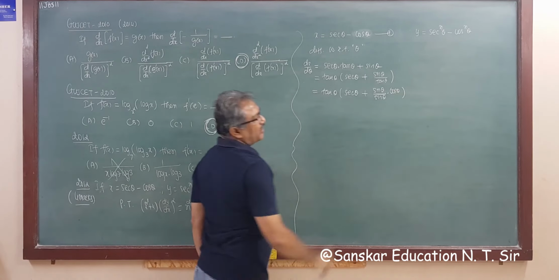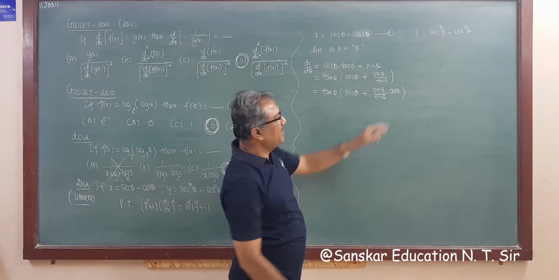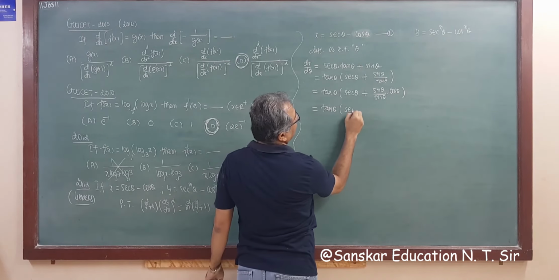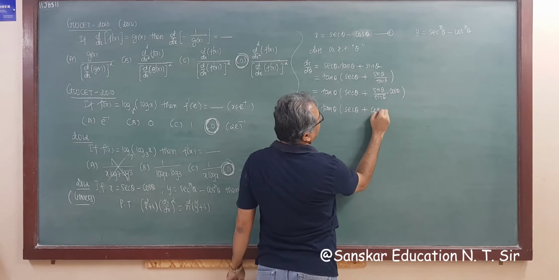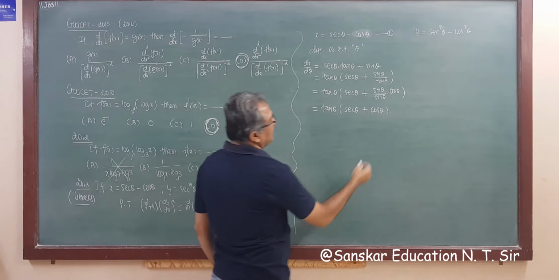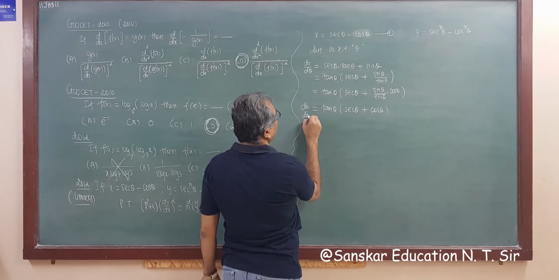So the denominator goes to the numerator. The sin cancels, so the remaining is cos theta. So this is tan theta sec theta plus cos theta. So this is your dx by d theta.